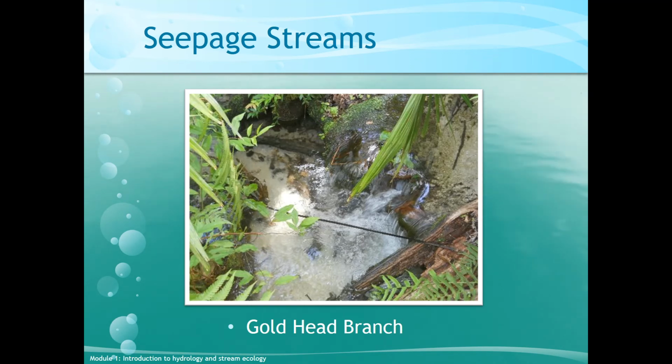These systems often form the headwaters of many alluvial and blackwater streams. Examples include Goldhead Branch, Alaqua Creek, and Little Alaqua Creek. This photograph, taken in Goldhead Branch State Park, has the characteristic clear water and small size that's typical of these systems.